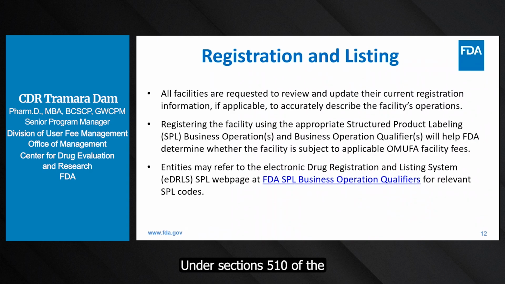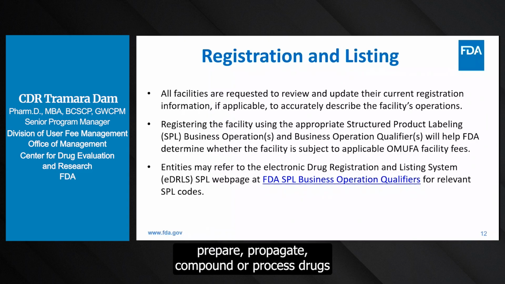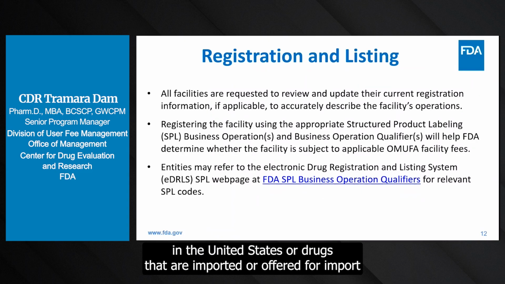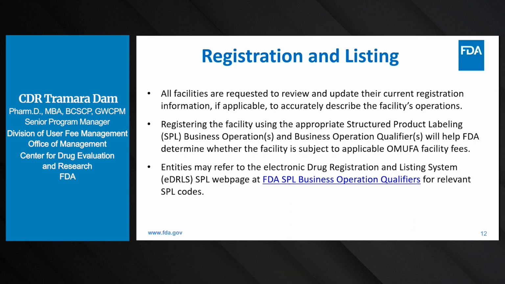Section 510 of the FD&C Act requires companies that manufacture, prepare, propagate, compound, or process drugs in the United States, or drugs that are imported or offered for import into the United States, to register with the FDA.